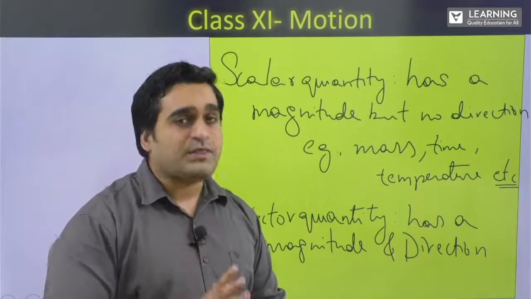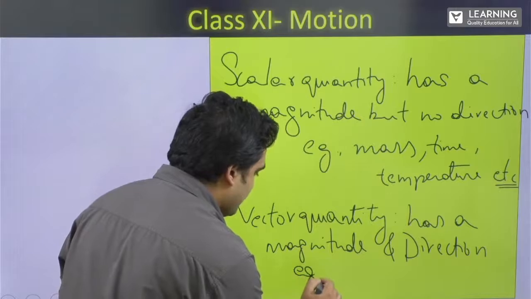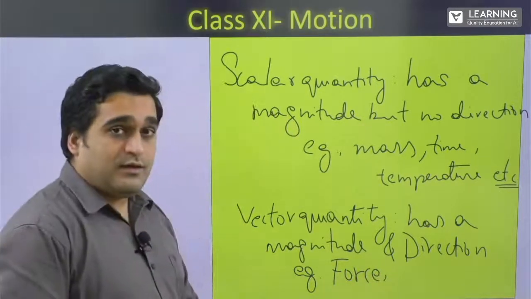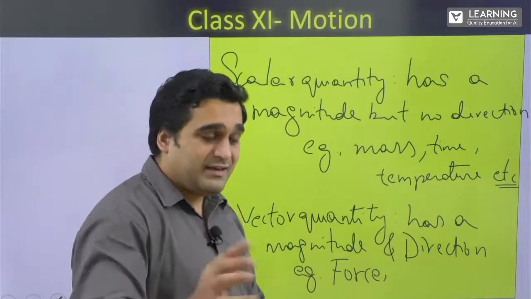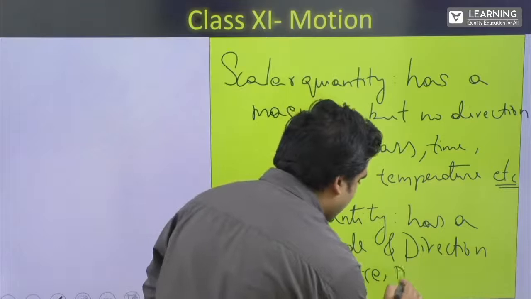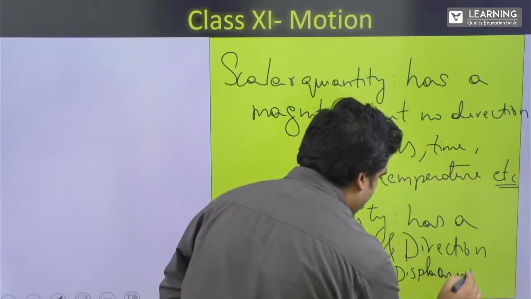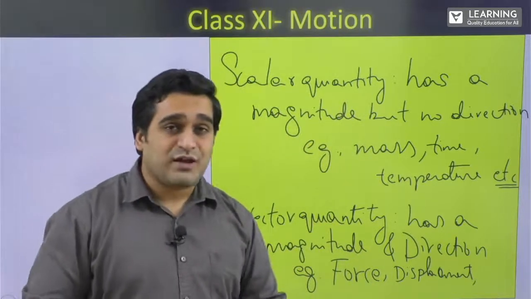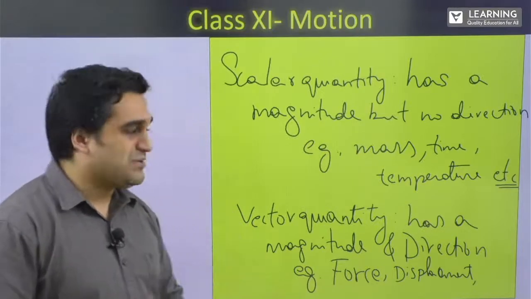Especially when you deal with vector quantities, an example is force. In the last class we discussed one other physical quantity, displacement. Soon you will see that there are also other physical quantities like velocity and acceleration.